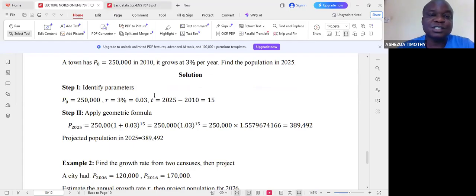The last census was conducted in 2010, and you're expected to project the population for 2025. So your T will be 2025 minus 2010, which will give you 15. Now, step 2 is to apply the geometric formula.